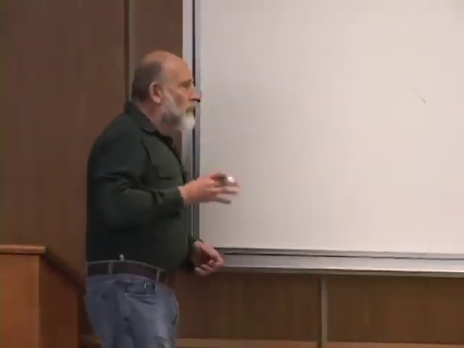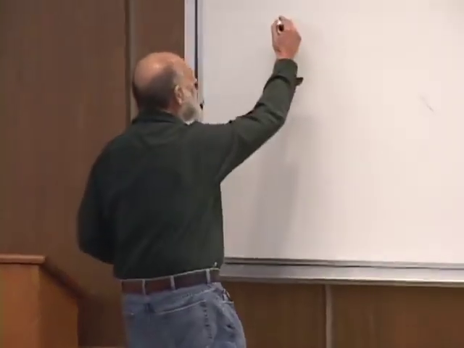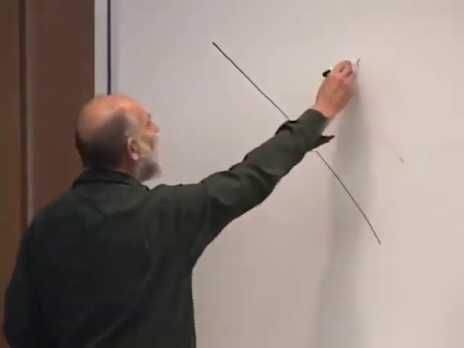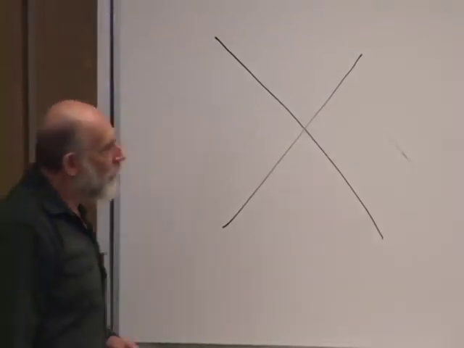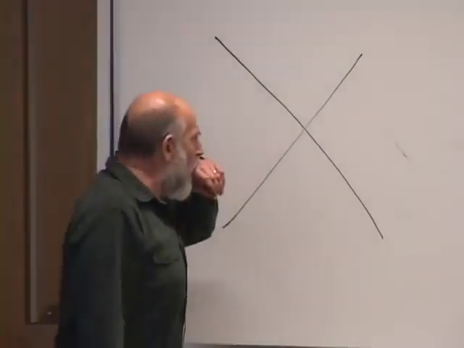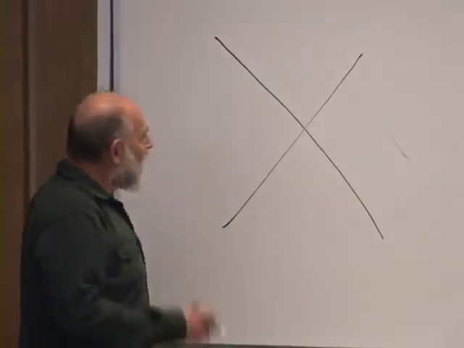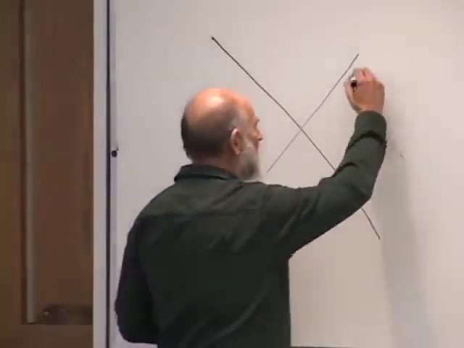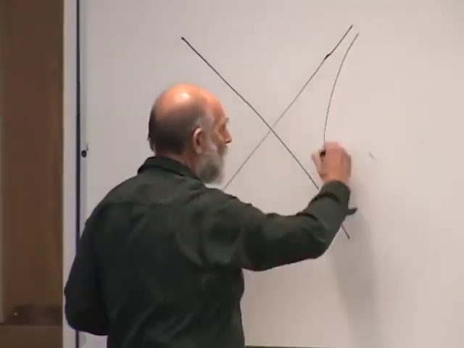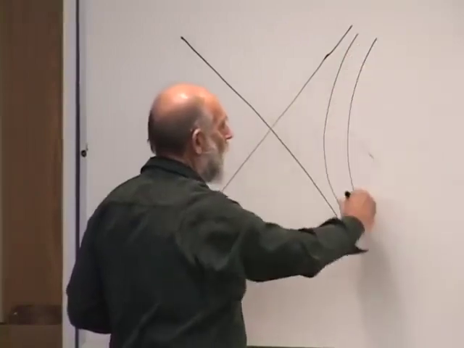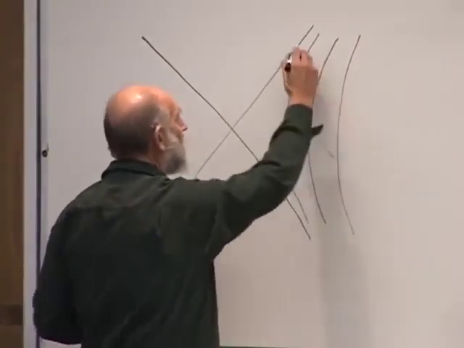Anyway, let me just go back for a moment to the accelerated reference frame and remind you of the various facts about it. The accelerated reference frame was a frame in which every observer is moving on a hyperbolic trajectory.